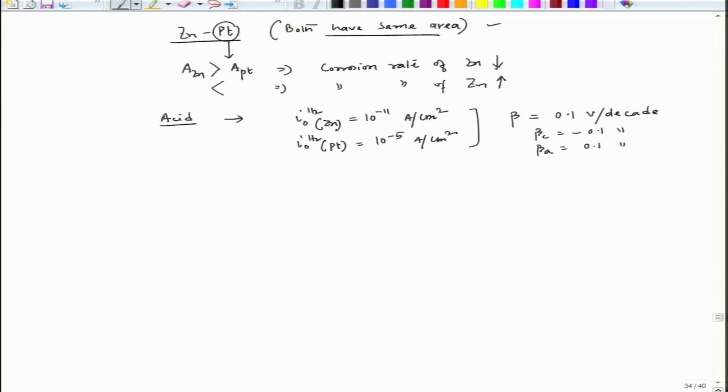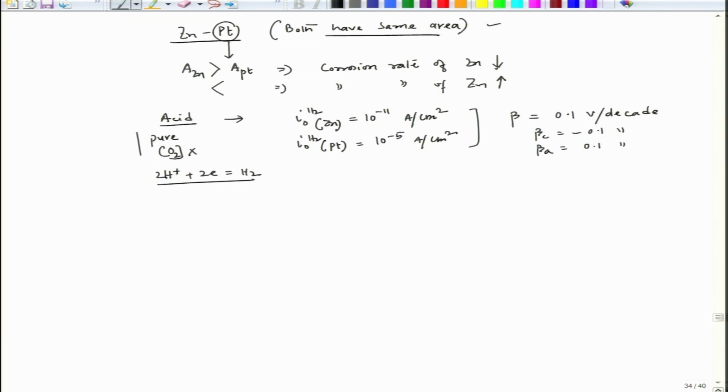This acid is pure, as well as having no dissolved oxygen. In that case only one cathodic reaction is possible, which is H plus plus 2e equal to H2.